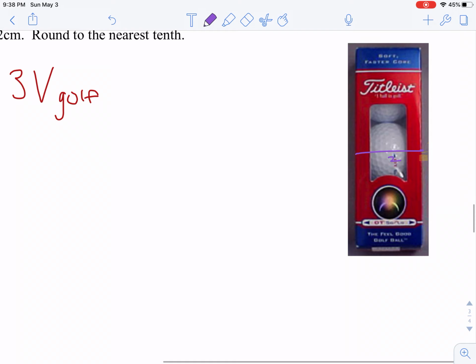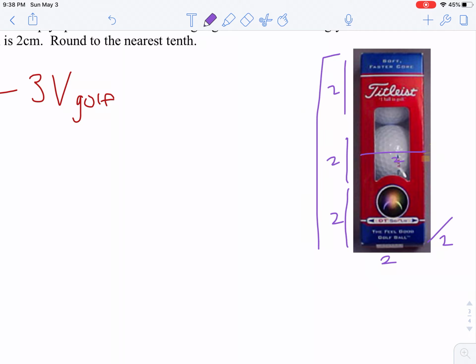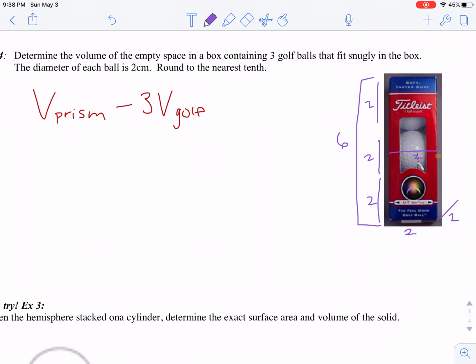So the base of this prism is 2 centimeters, and it must be a square-based prism, because then the depth of the prism is also 2 centimeters. Now, I need to figure out the height, and there's 3 golf balls. There's a diameter of 2 for the first golf ball, 2 for the second, and 2 for the third. So total, that gives me a height of 6.